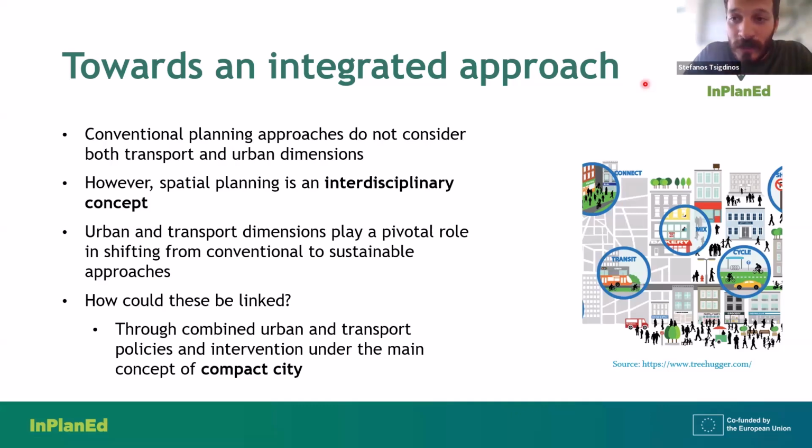So with integrated, we talk about disciplines: urban planning, transport planning, environmental planning, economic planning. Mainly in our course, we're going to focus on transport and urban planning, but it's more expanded. We have to cooperate between roles, and we have to cooperate between tools and methods.